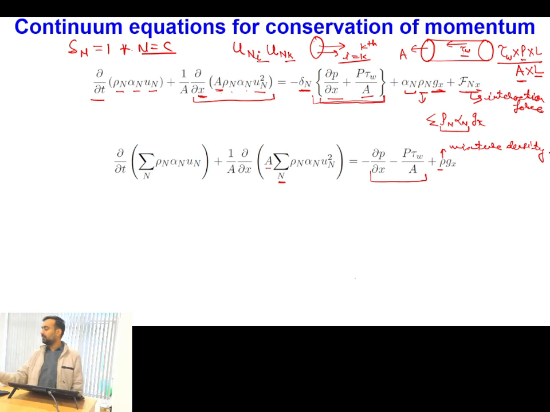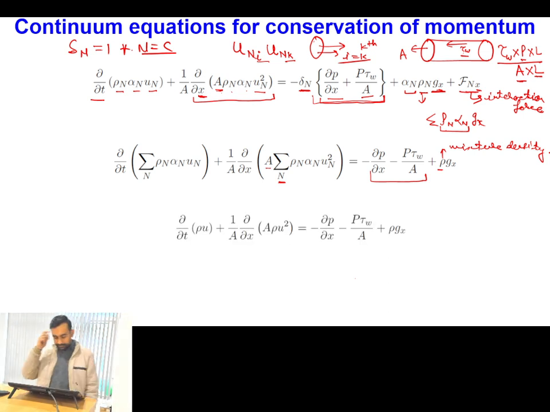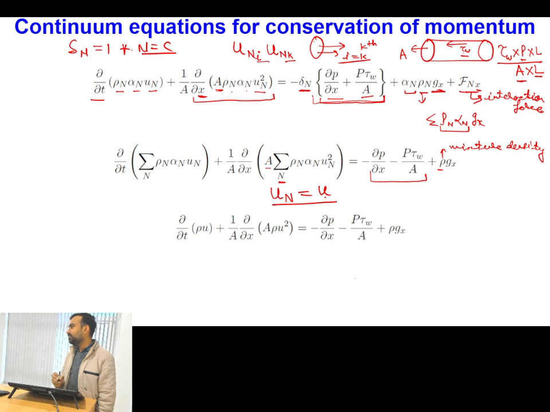Is this one clear? Now, as we are referring to a single direction, let me make one assumption that un is equal to u. What does it mean? All the phases are moving at the same velocity, so there is no drift between the phases present.